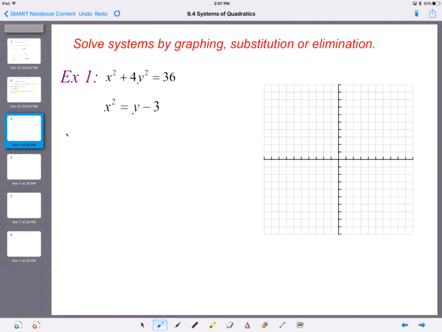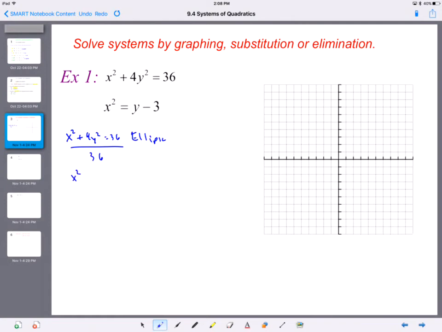So let's take a look at the first equation, x squared plus 4y squared equals 36. Identify that it's adding two squared terms and the coefficients are different, so we're looking at an ellipse on this one. We want to divide by 36.